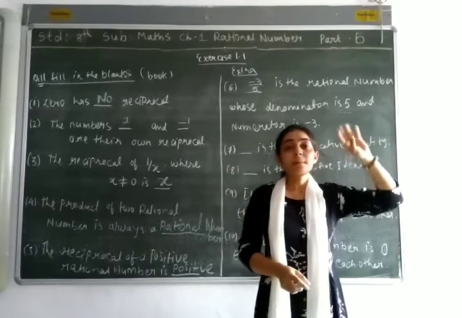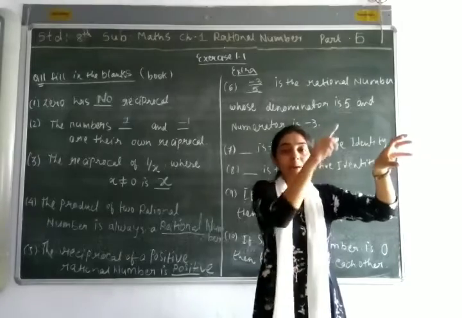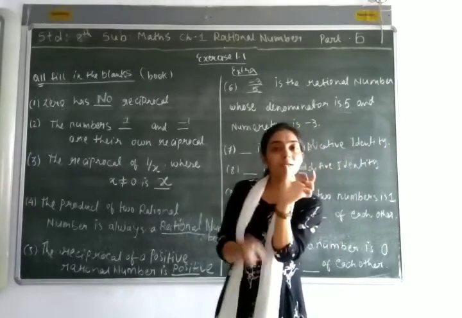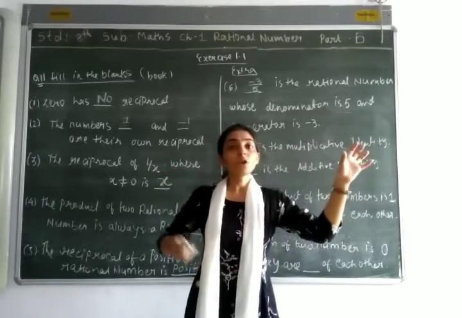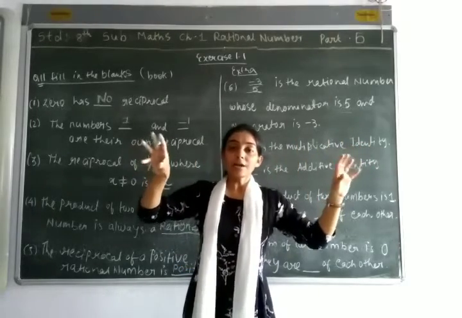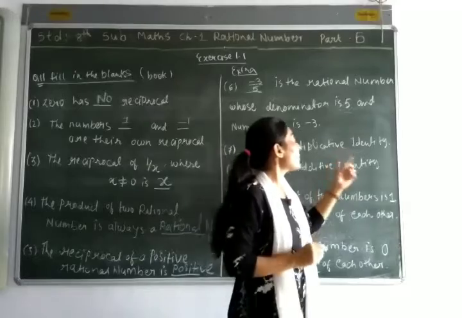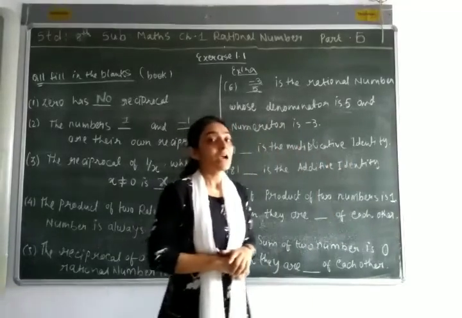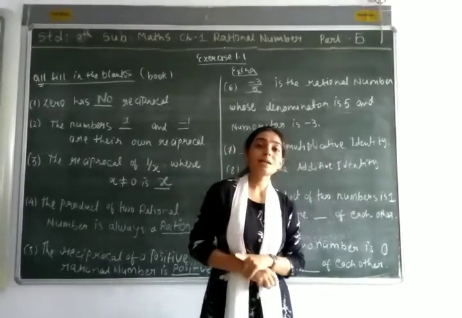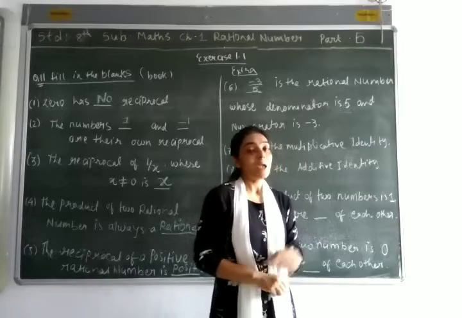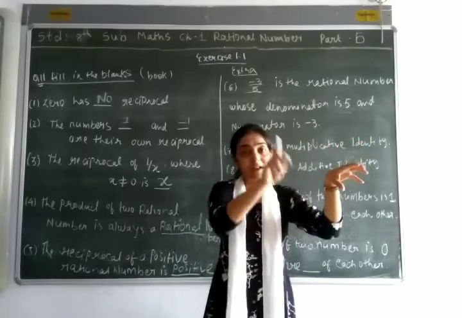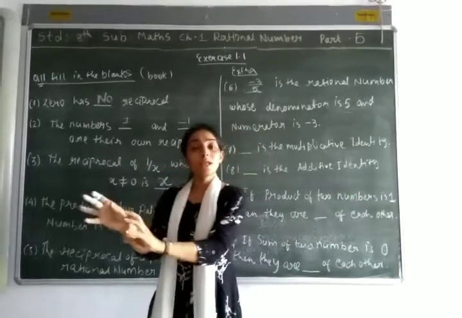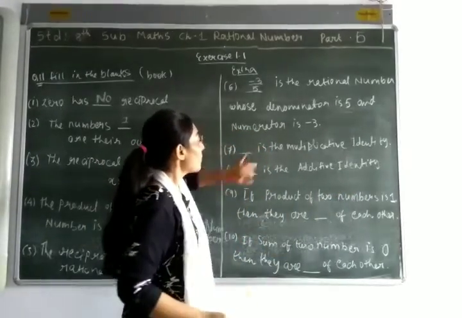If I take the number 2 and multiply it with some number, the resultant value should be 2 only. We want the identical resultant value. In multiplication, we know that 1 is the multiplicative identity. Why? When you multiply 1 with any number, you get that number only. So 1 is the multiplicative identity.